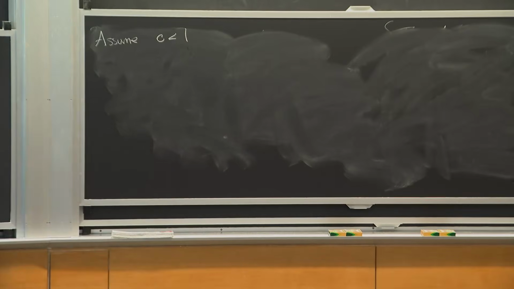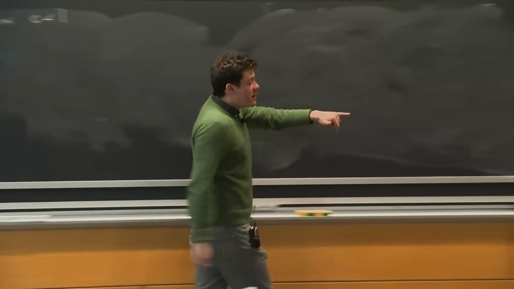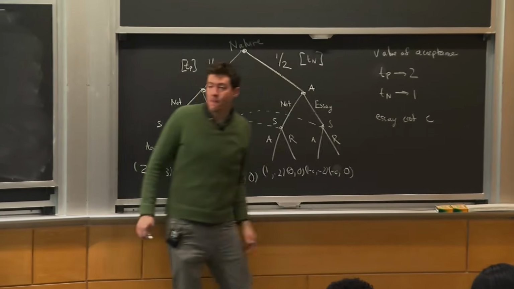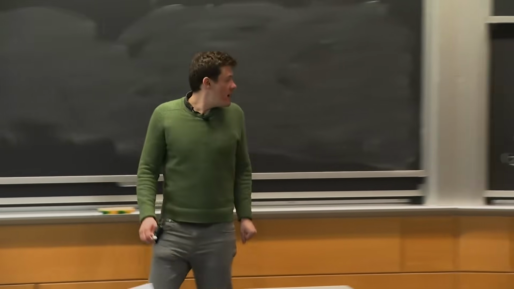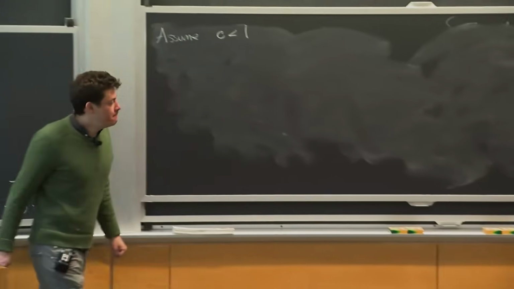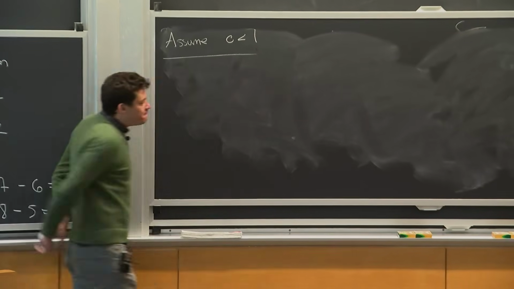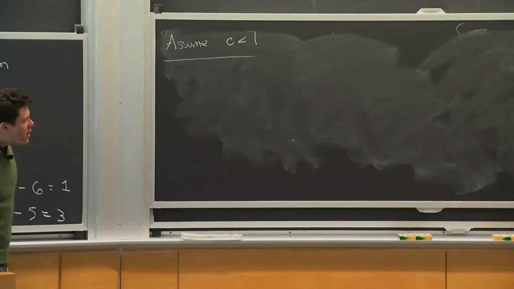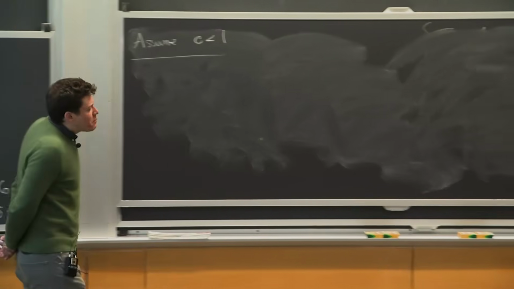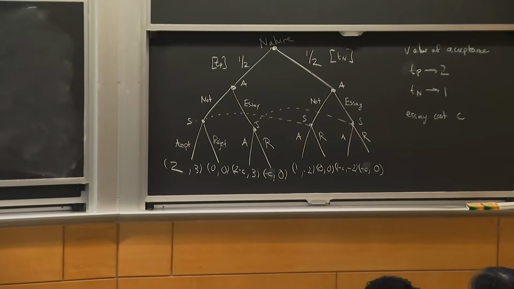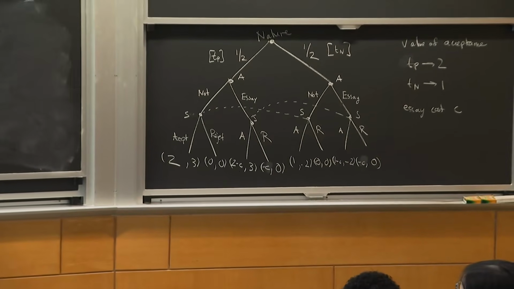Okay? So this means even if I'm not passionate, if I'm going to get accepted, it's still worth writing the essay. Right? The benefit of being accepted outweighs the essay cost. And let's see if we can look for an equilibrium where every student applies and writes the essay, because I think this is often what we see in practice, right? Even the students who aren't that excited, they write some essay about how excited they are to go to the school, right? So let's look for an equilibrium.